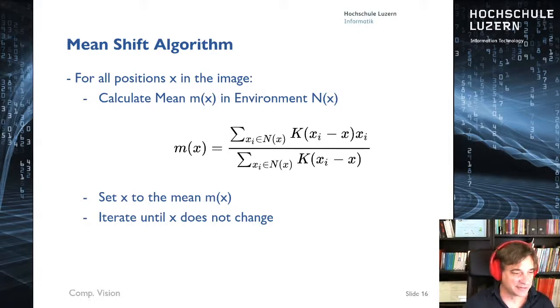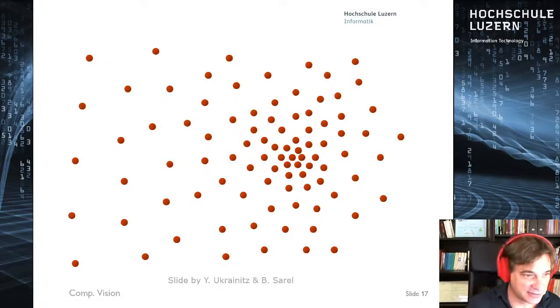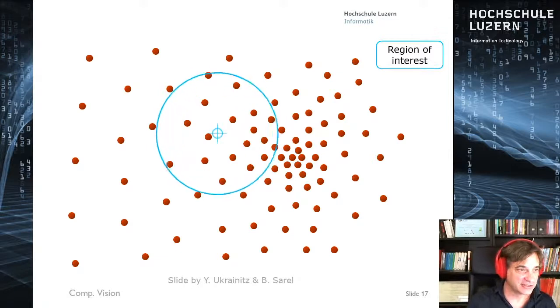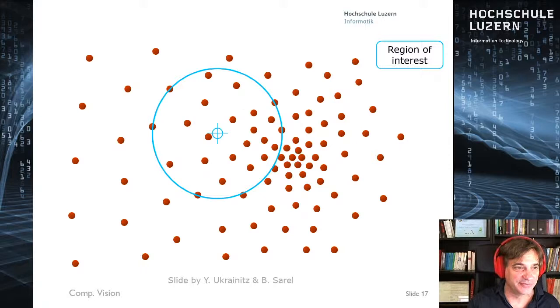It's similar to k-means clustering, and we do this for all positions in the image, respectively in the feature space of the image that we look at. So here is an example. This would be our feature space, maybe a two-dimensional color space, and we would start at one position. Then we look at some neighborhood of this position and calculate the mean value.